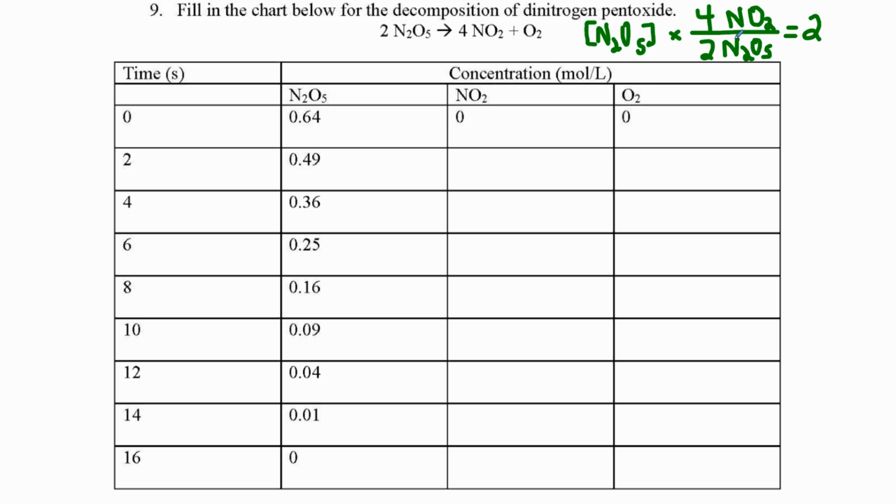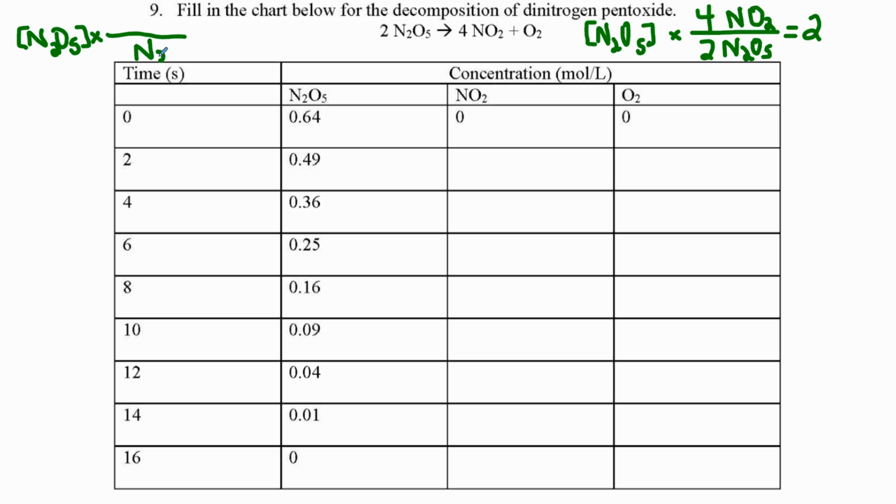Okay, so that's just telling us that as we look at the concentration change of N2O5, the concentration change of NO2 will be twice as much. It will be happening twice as fast. Okay, so over here, I'm going to do the same thing, but with O2.